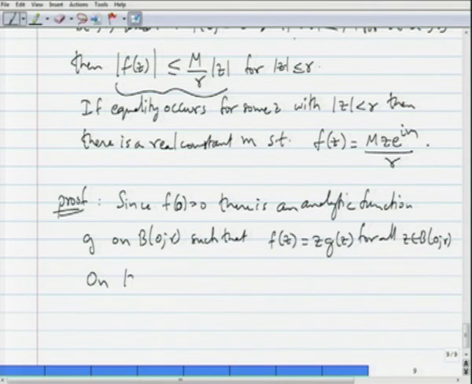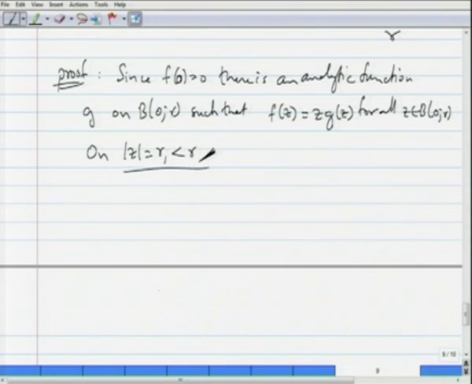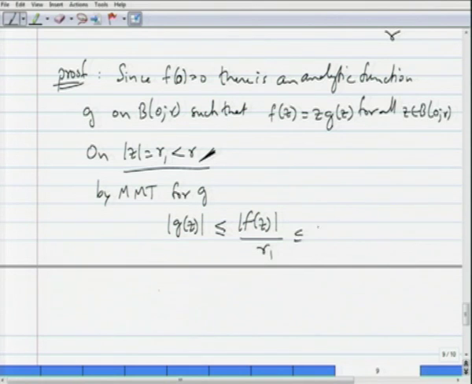So, on a circle mod z equals r1, with r1 strictly less than r, by using the maximum modulus theorem for the function g, what we can say is that the modulus of g of z is less than or equal to modulus of f of z by r1, which is less than or equal to M by r1, for all z belongs to B(0, r1).